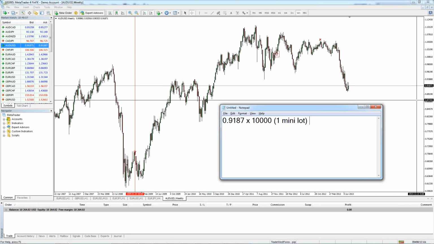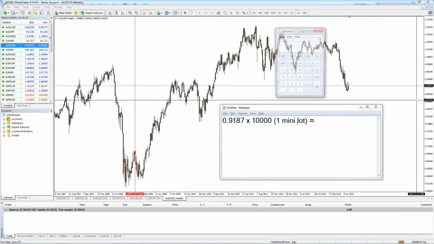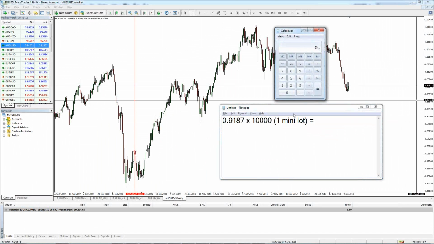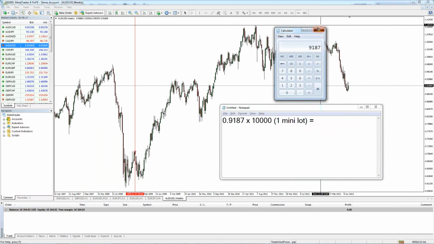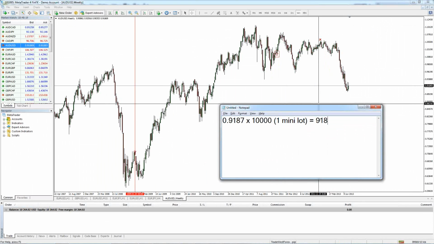You can do the math here if you want, but it's pretty simple: 0.9187 times 10,000 is 9,187. This is based on 100 to 1 leverage, though. Now if we're at 50 to 1, it's going to cost us twice as much margin. So at 50 to 1, it's going to be 2 times 9,187.